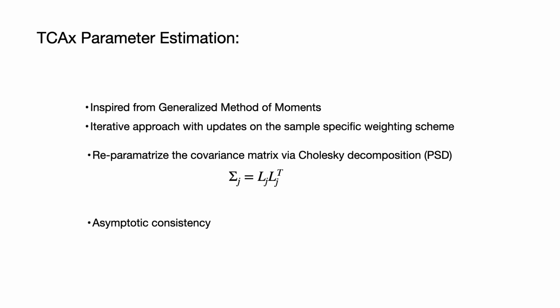So instead of directly optimizing over sigma j, we're going to optimize over Lj, such that when we reconstruct sigma j, it's guaranteed to be positive semi-definite. This weighting scheme does achieve asymptotic consistency, indicating that as sample size goes to infinity, the estimated parameters converge in probability to the true model parameters.